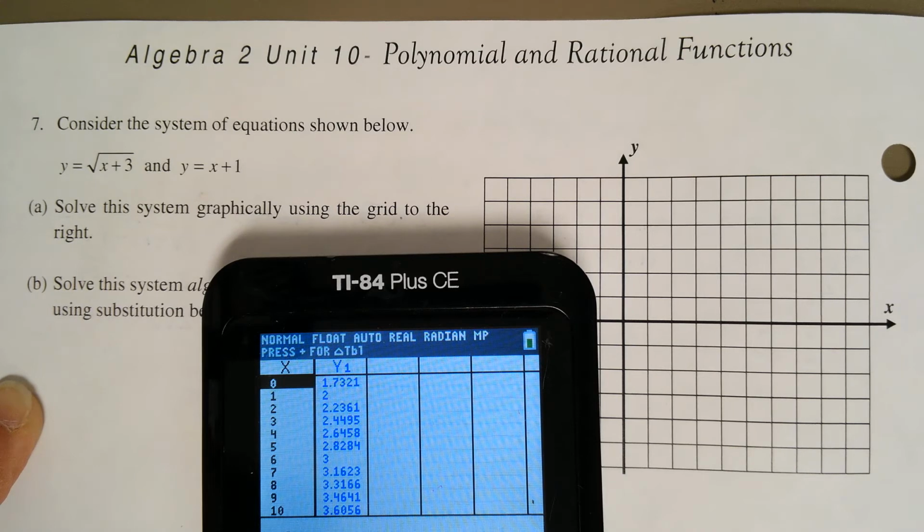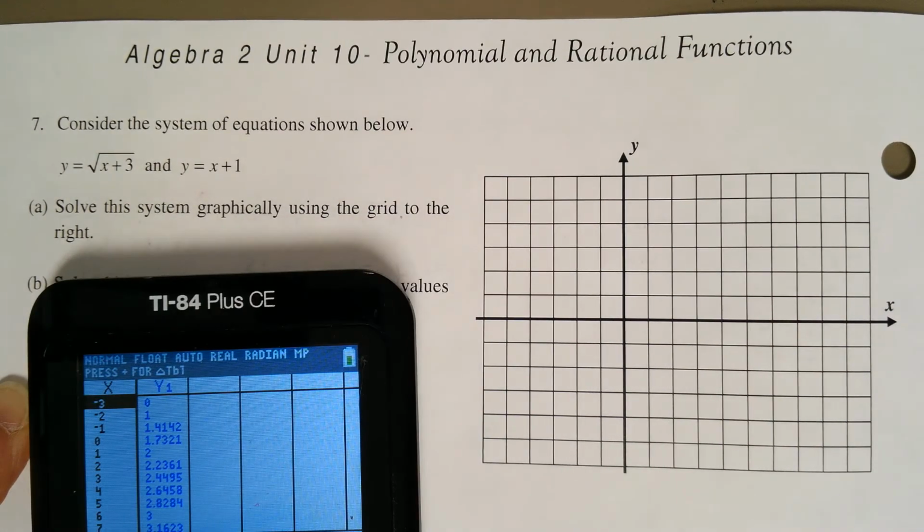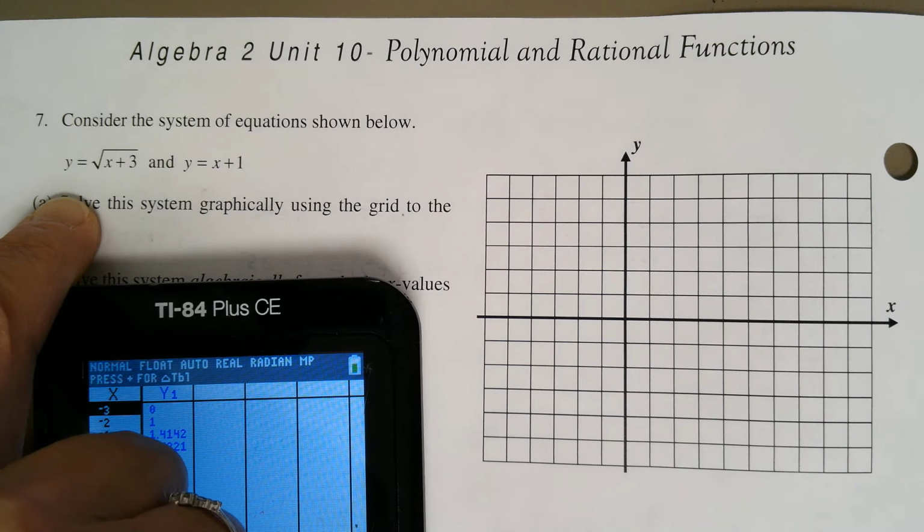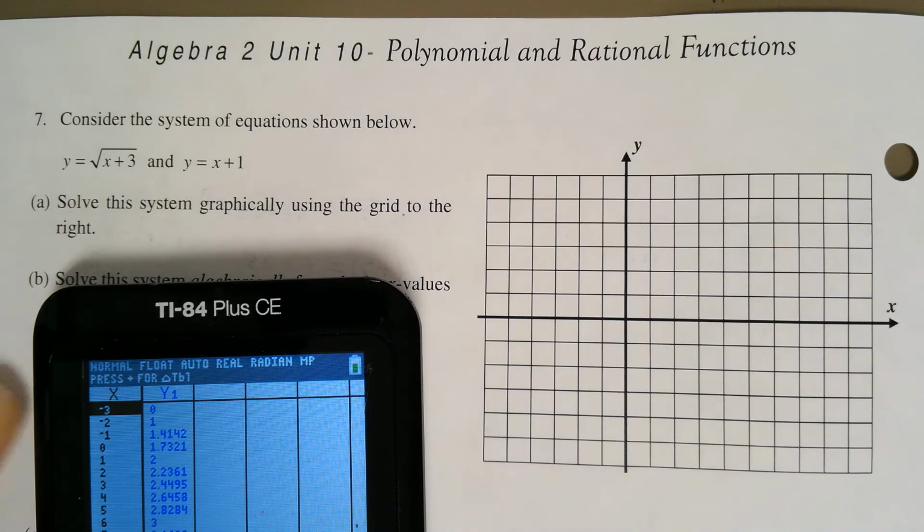So we have 6, 3; 1, 2; negative 2, 1; negative 3, 0. Yeah, it's a square root function shifted 3 to the left.